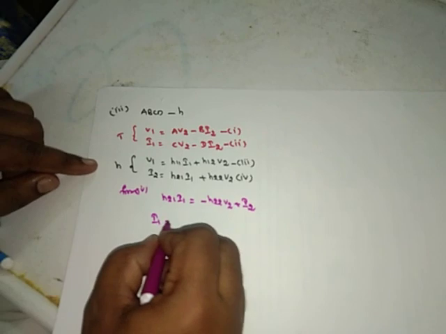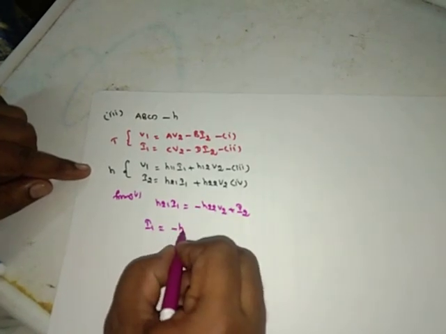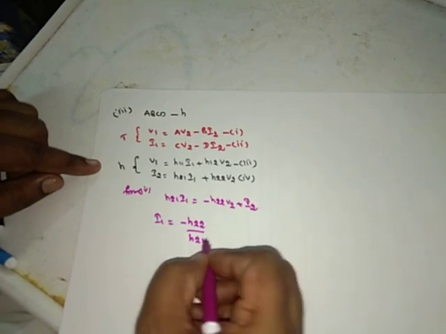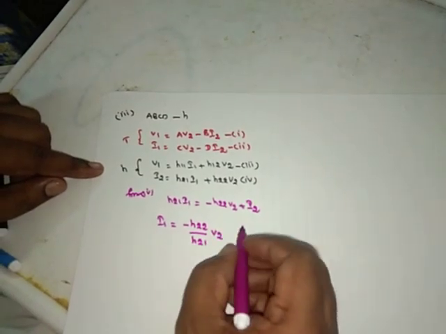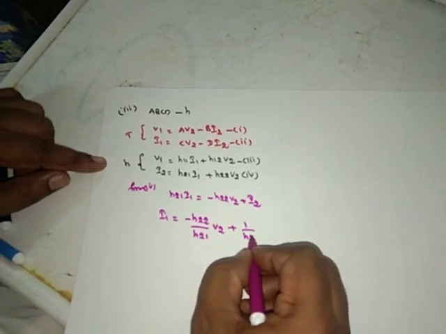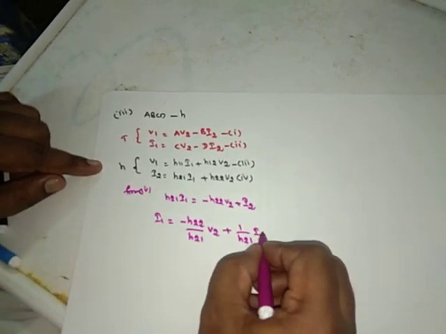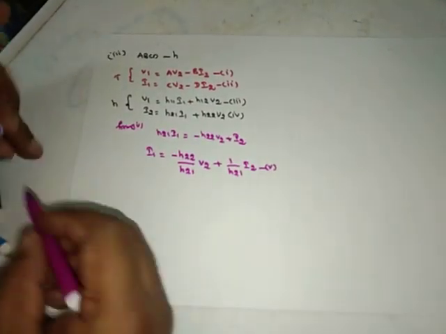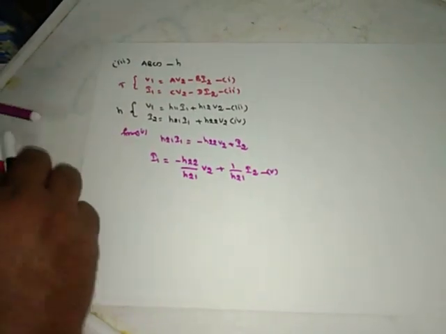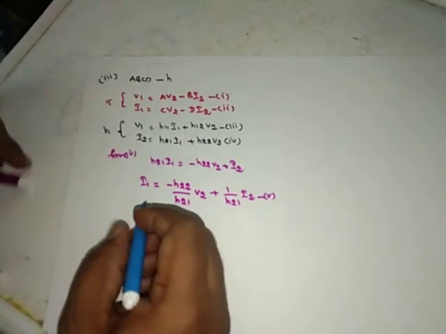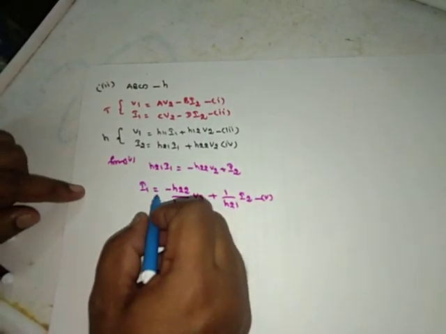From that i1 is equal to minus h22 by h21 v2 plus 1 by h21 i2. So this is 5. Now from 4 you can find out i1.